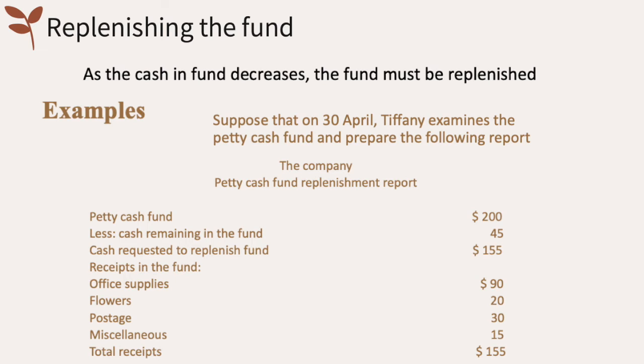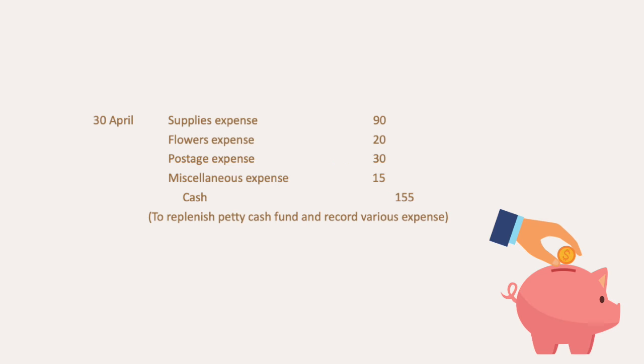As a result, Tiffany will cash a check for $155 to replenish the fund and record expenses as follows. The four expenses, which are supplies, flowers, postage, and miscellaneous, increase on the debit side, while the cash decreases on the credit side. The same type of entry would be repeated each time the fund is replenished.